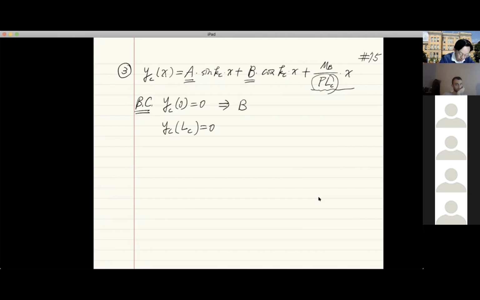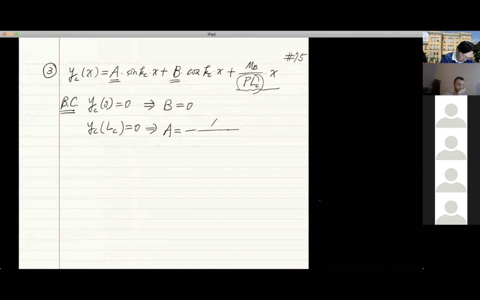That means B is 0. And similarly, by using the condition of x equals Lc, we can find the value of A. Here I will just give you the final answer. That is MB over P over sine Kc times Lc.